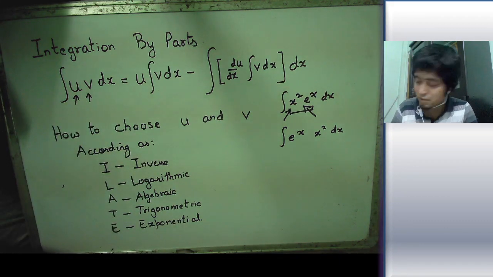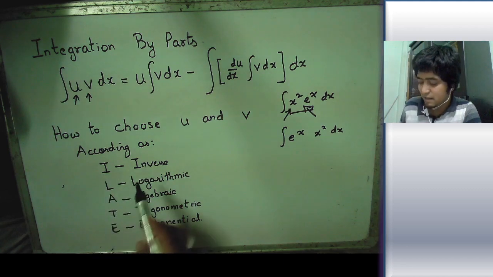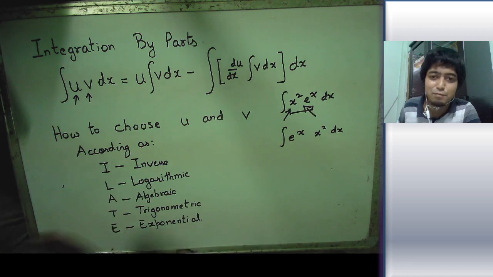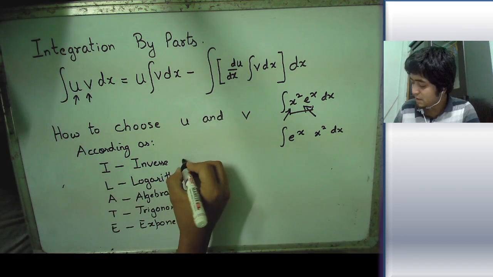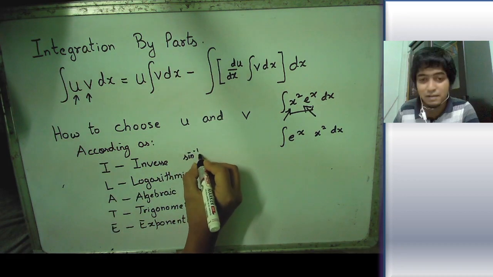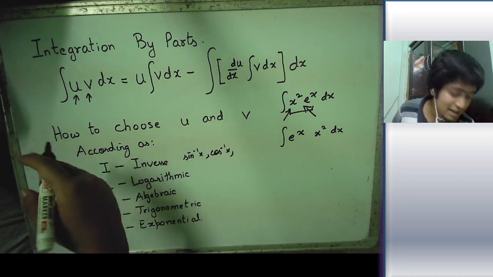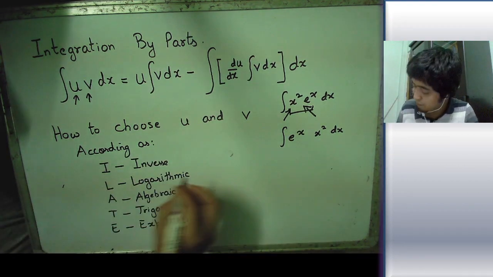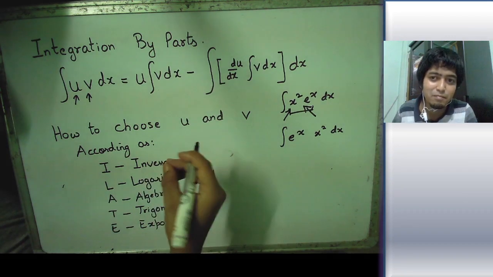So we have to choose u and v according to LATE: inverse, logarithmic, algebraic, trigonometric, and exponential. By inverse we mean something like sine inverse x, cos inverse x, tan inverse x, and everything that has an inverse. Logarithmic, you already know, it will have a log, the natural logarithm most probably.